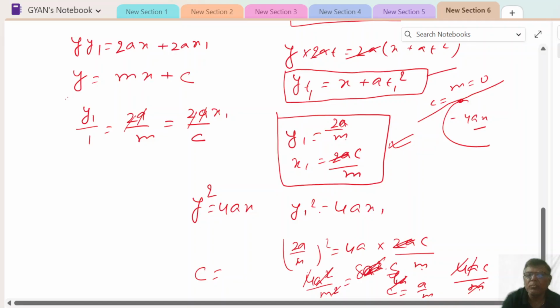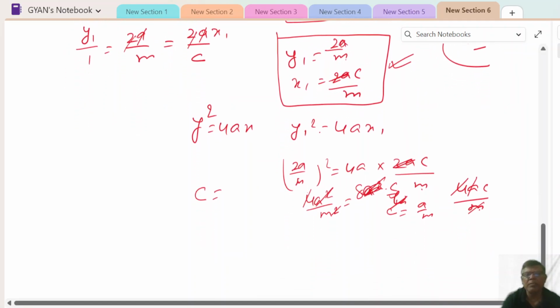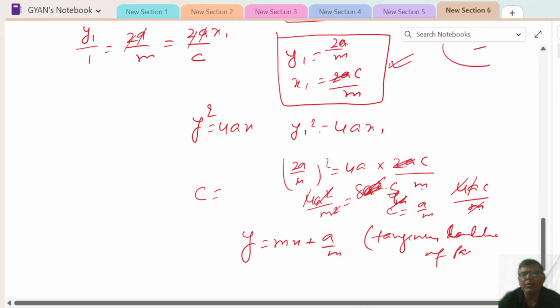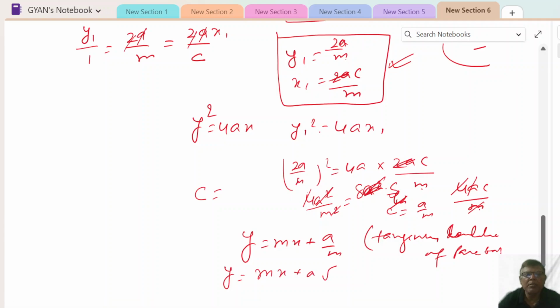So the equation of the tangent will be y is equal to mx and c is equal to a by m. So this is the tangency condition, the condition for the parabola. In the circle, what had we got? y is equal to mx plus or minus a root over m square plus 1.